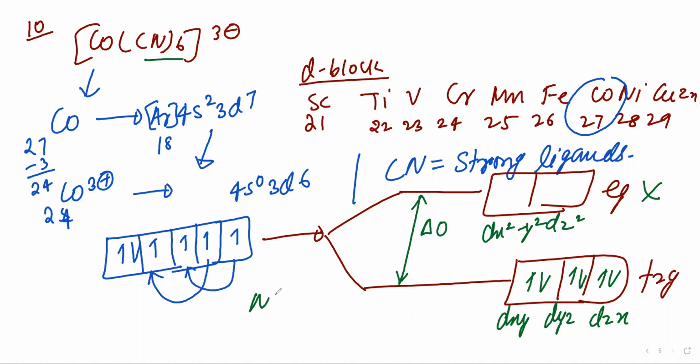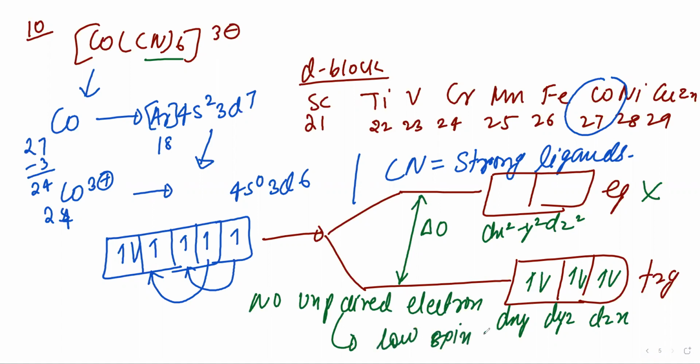Strong field ligands give low spin configuration. So please write it down.